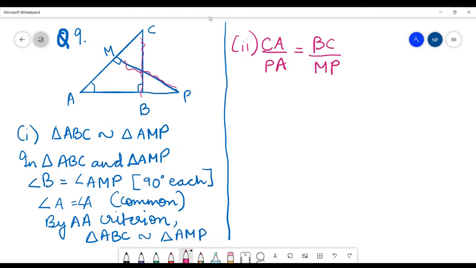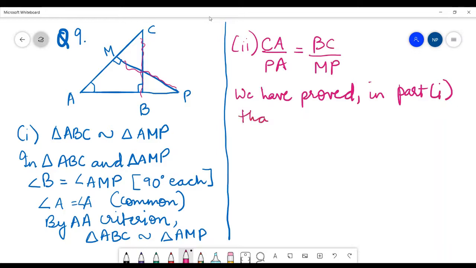Now, we have proved in part 1 that triangle ABC is similar to triangle AMP.